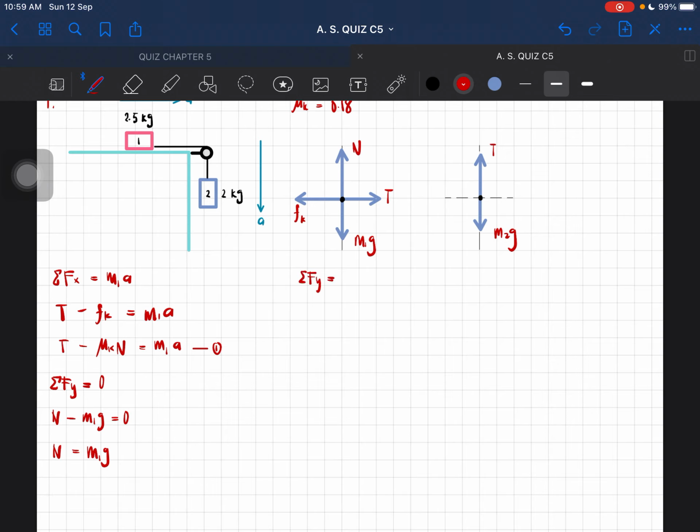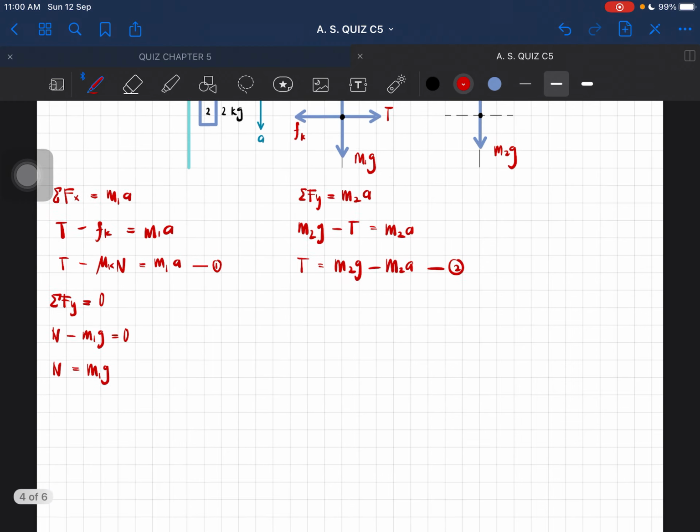Total force at y is equal to m2a. The acceleration is pointing down, so any forces pointing down will be positive. So m2g minus T is equal to m2a. So tension is m2g minus m2a. This is equation 2.